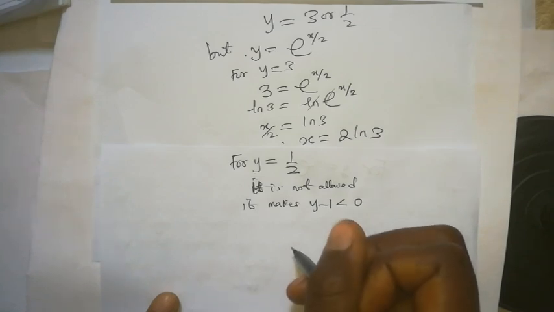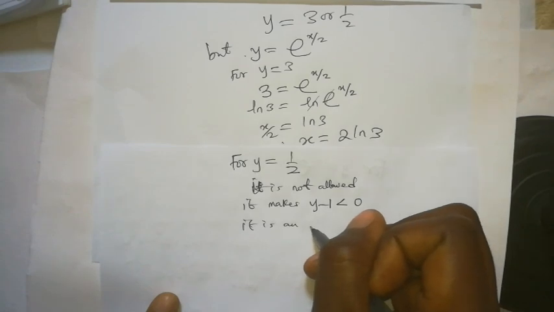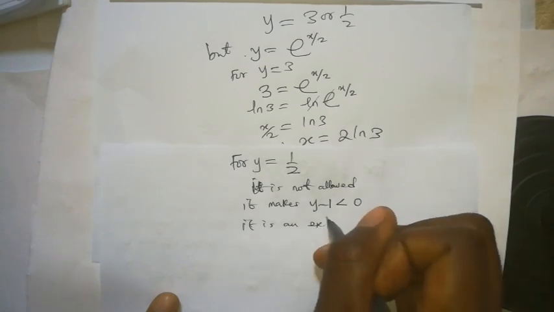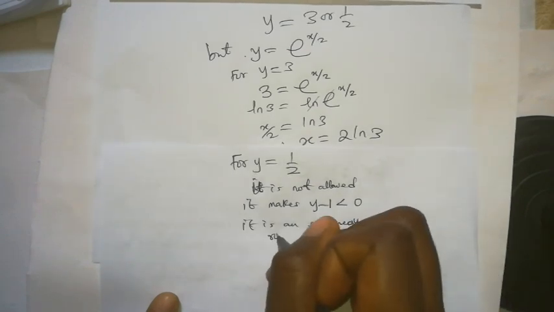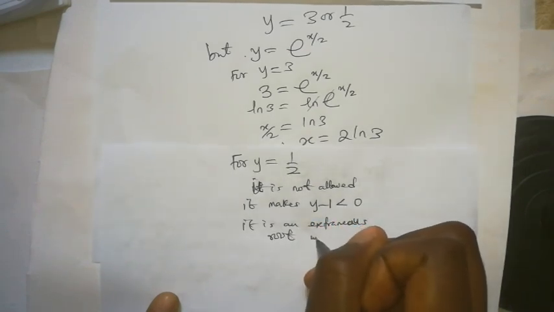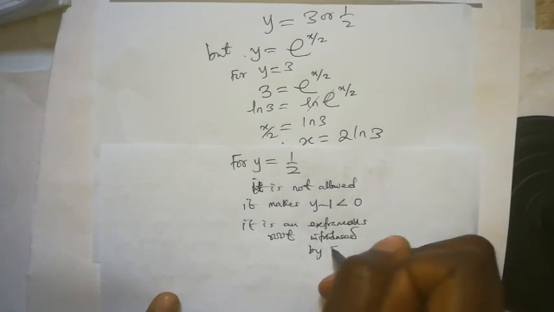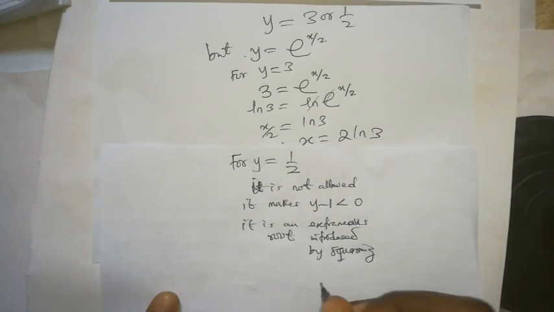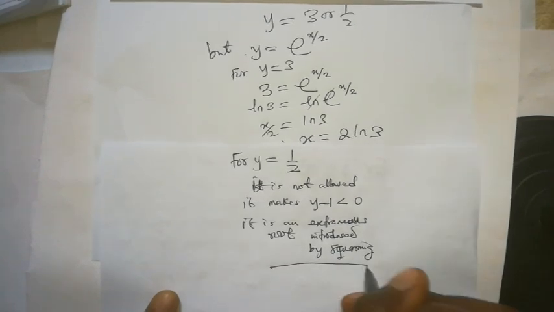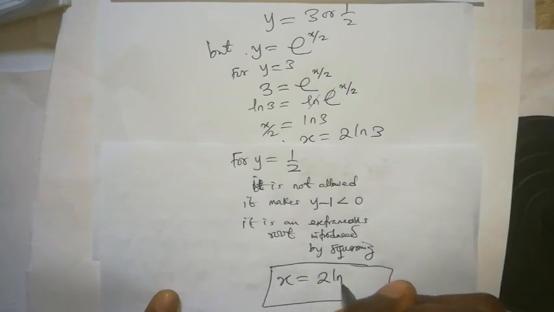So we say it is an extraneous root introduced by squaring. So therefore our final answer is x is equals to 2 ln 3.